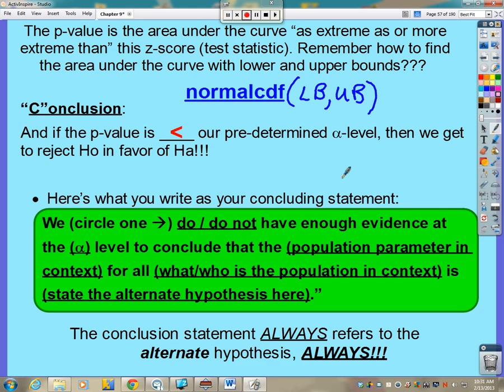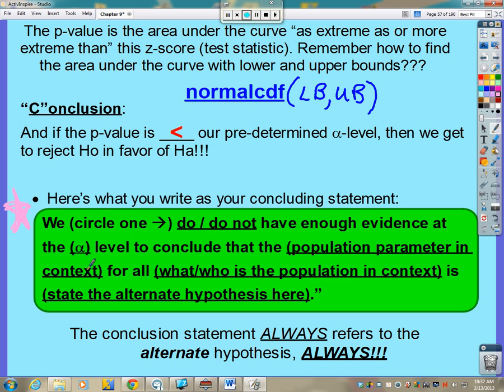Now, here's what's going to be important. Here is our stereotypical statement that you are going to have to write for the conclusion. You're going to say, we do or do not have enough evidence, and we'll talk about which one you circle when I get done finishing here. So either you do or do not have enough evidence at the, and then fill in the blank, what is your alpha level?